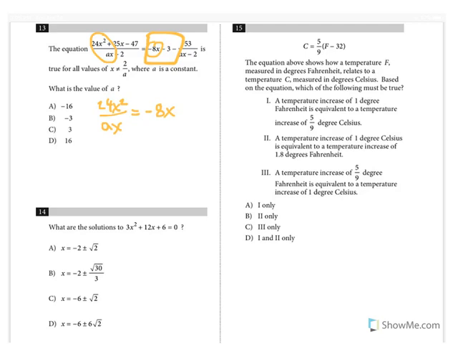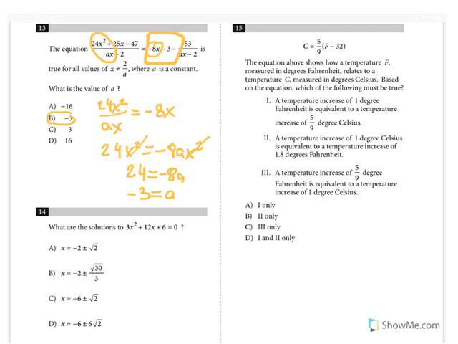We can rewrite that: 24x squared has to equal negative 8ax squared. Our x squareds are going to divide out, so 24 has to equal negative 8a, meaning negative 3 equals a. So the answer is B. Little tricky, but again, deceptively easy.